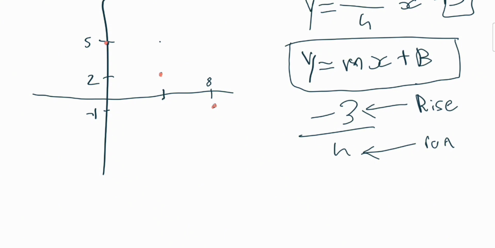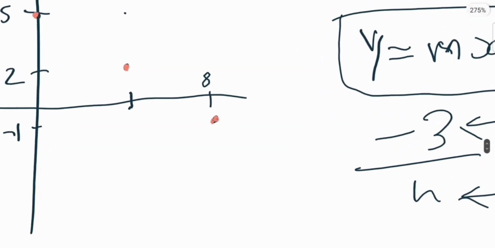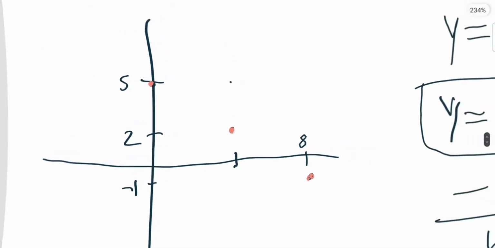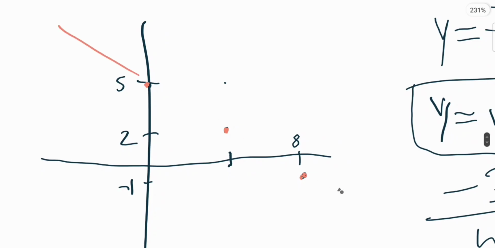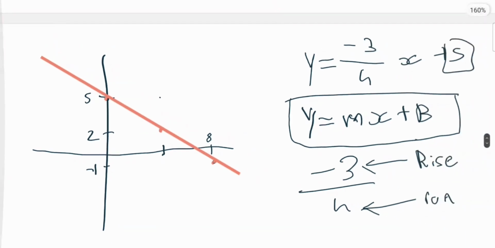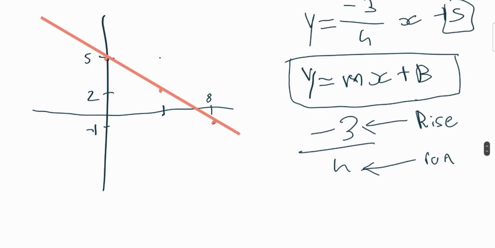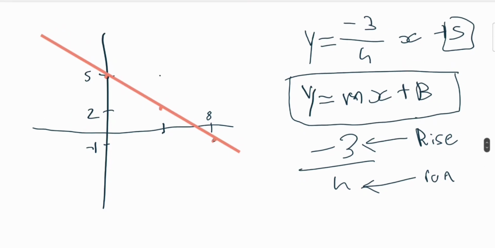So we are going to connect them all with a line. So that's going to be like this. Like that. Perfect. So that is going to be our slope for this equation right here.